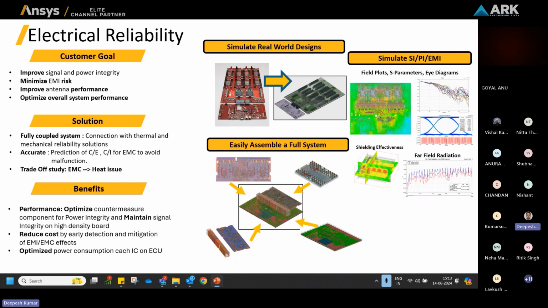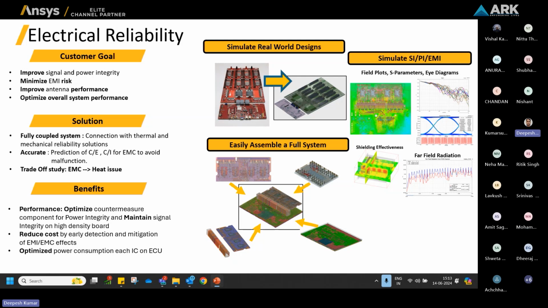If you are not improving your design at the signal and power level, it is definitely going to reflect in your EMI and EMC problems. What is the process in that way? I will explain it in the later part of the examples.